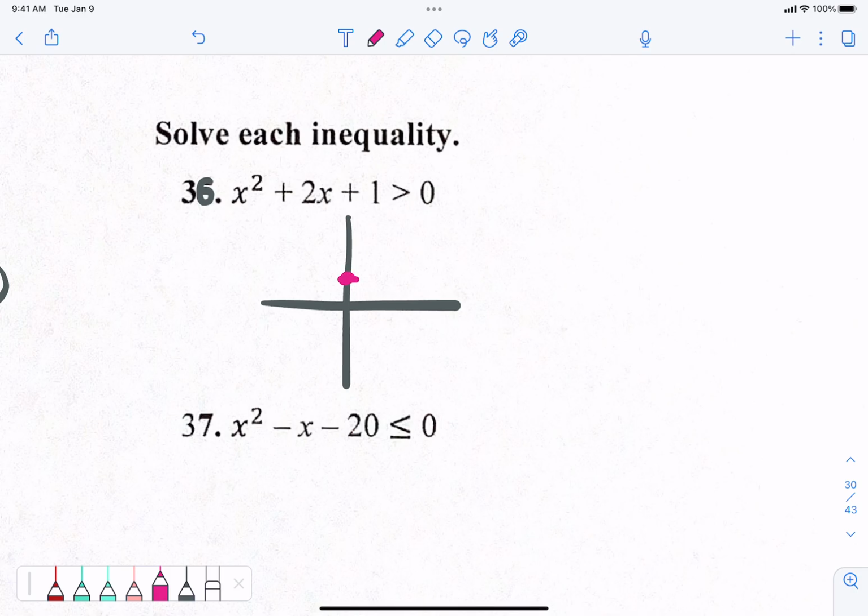Negative b over 2a. You want to try this on your own? Sure. Negative b over 2a.